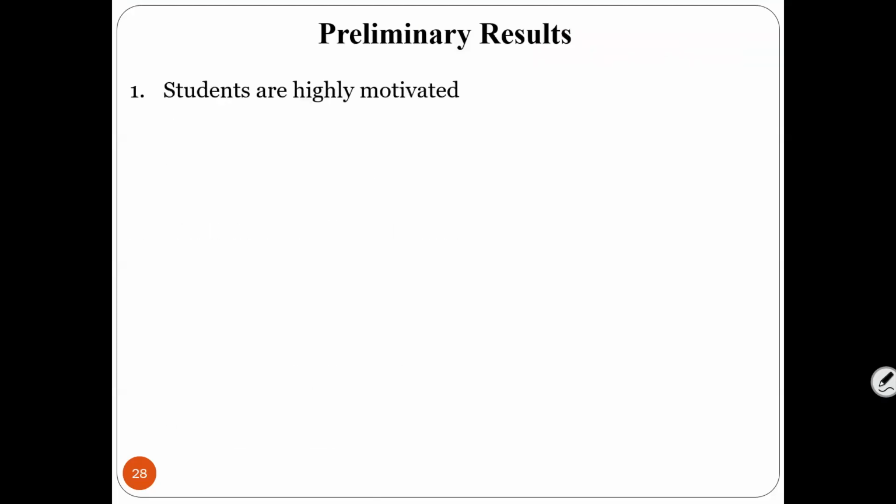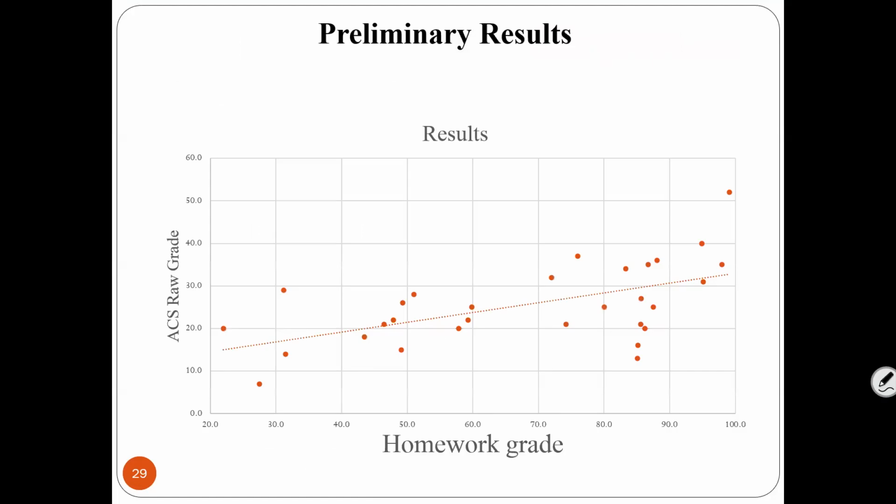And then I want to share a little bit of preliminary results. I've been using this for almost 2 semesters. The first thing I observed is that students are highly motivated. More students ask me for help with this kind of system I present to them. The second is the homework. This is very preliminary, but the homework seems to be a good indicator of their grade.